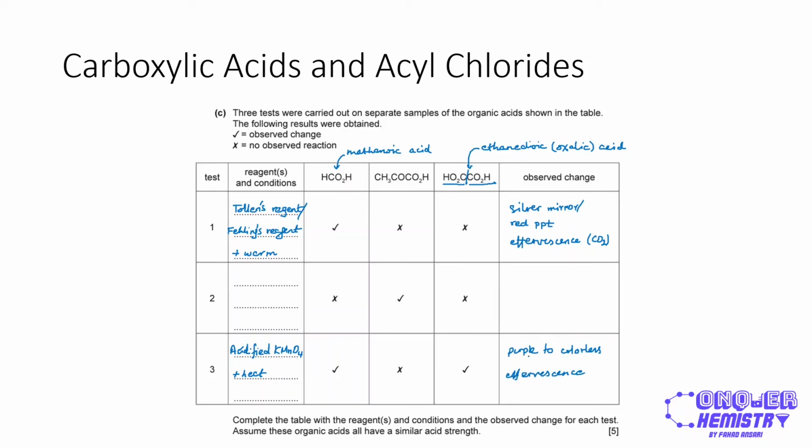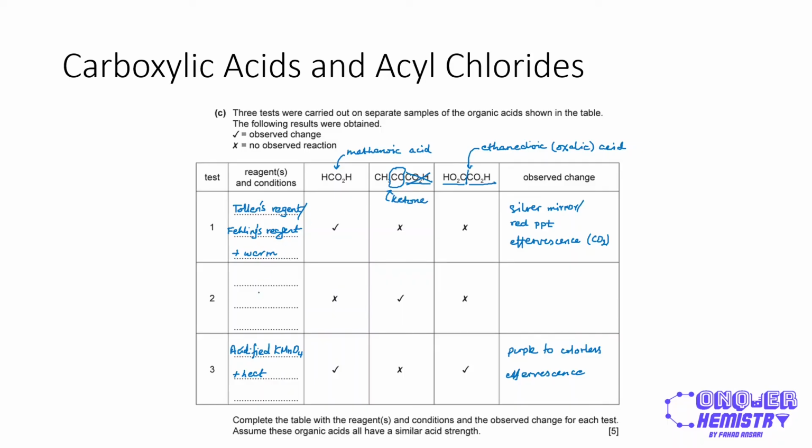And in test number 2, neither methanoic nor ethane dioic acid are reacting, which means it's not the CO2H part of this molecule that's reacting. It's this guy over here, right? It's this carbonyl group that is reacting. And because this carbonyl group is essentially telling us that this is a ketone, it's not going to react with Tollens' or Fehling's reagents.